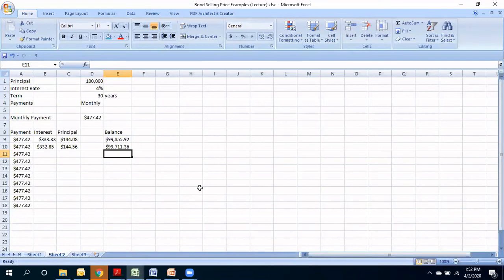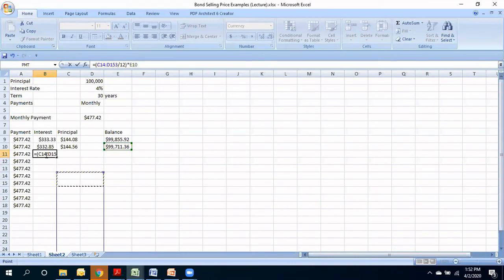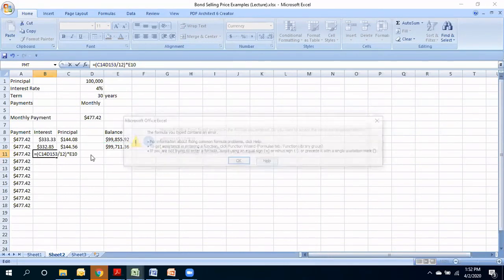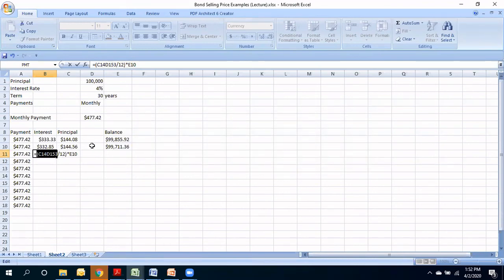I'm going to do this every time. So I'm going to copy this formula, but I want to lock my interest rate. Actually, let me do this. Let me get rid of this whole cell and lock my cells up here.